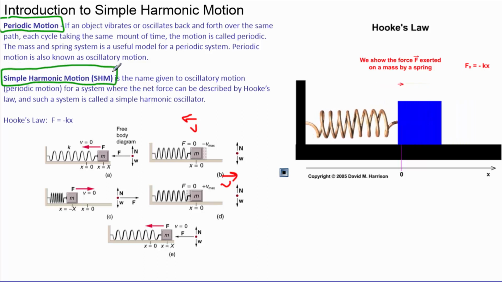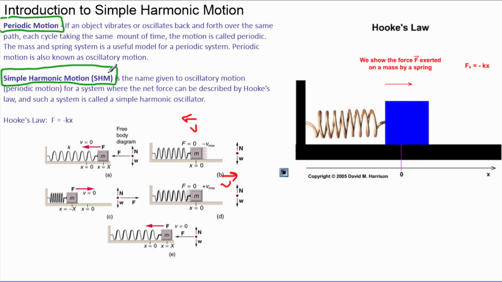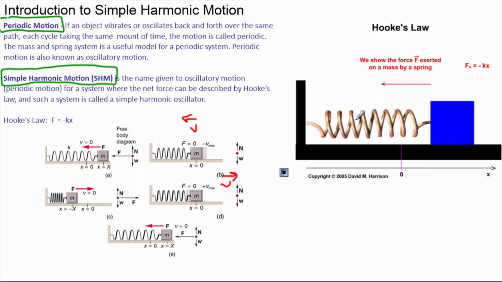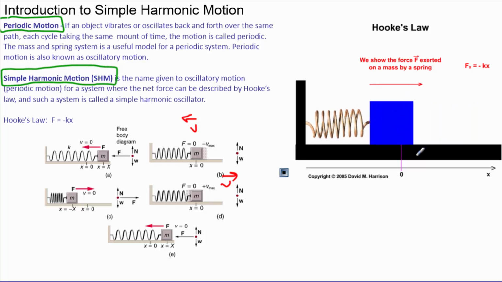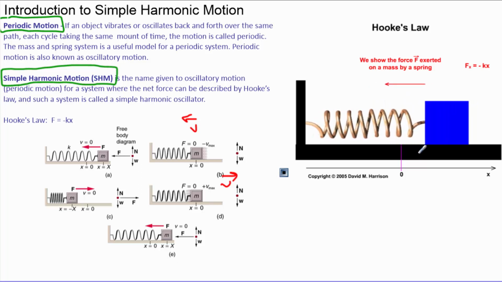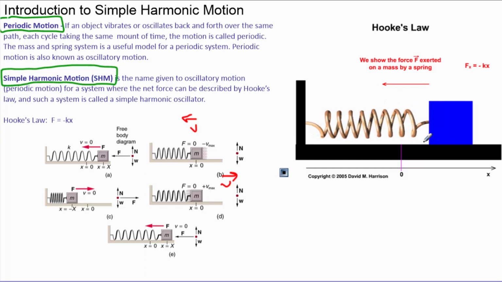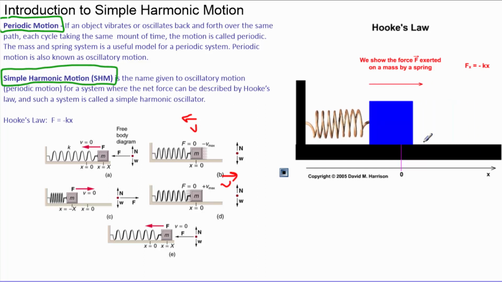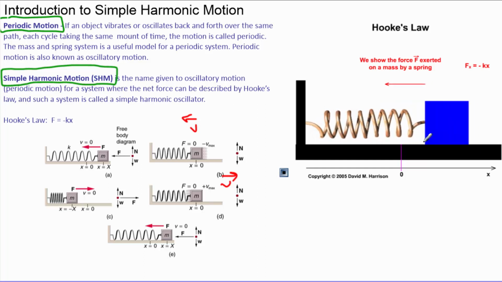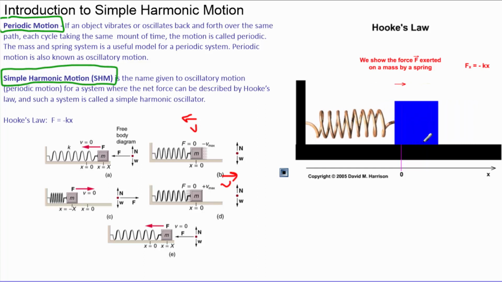For the next remaining videos, I'm going to describe simple harmonic motion with the spring system. But I need you to understand that simple harmonic motion can describe many different objects and types of motion, not just a block on a spring. You're going to see us discuss this with a pendulum going back and forth. You're going to see me talk about it in terms of uniform circular motion.